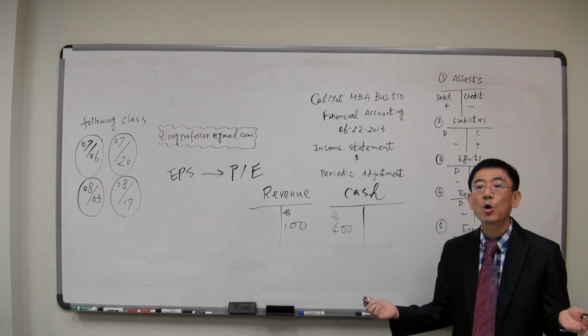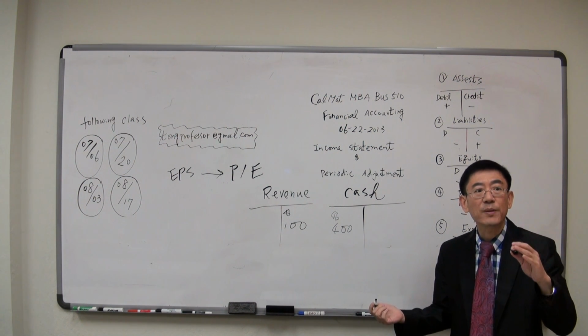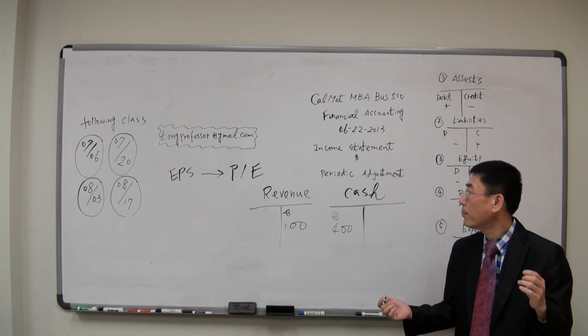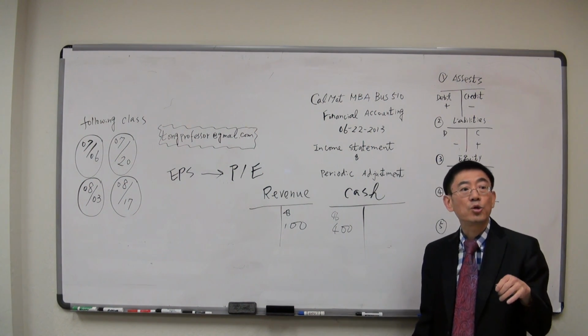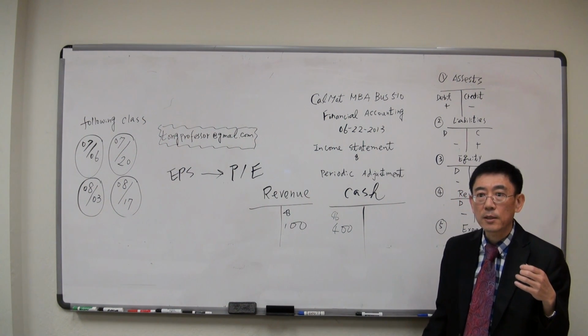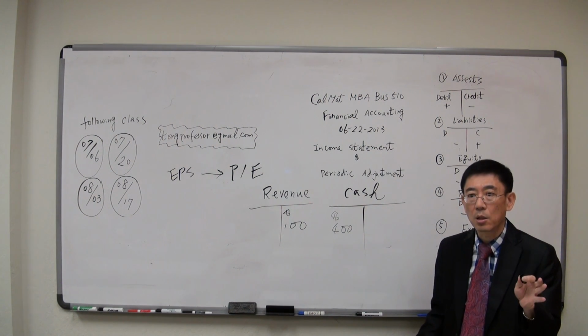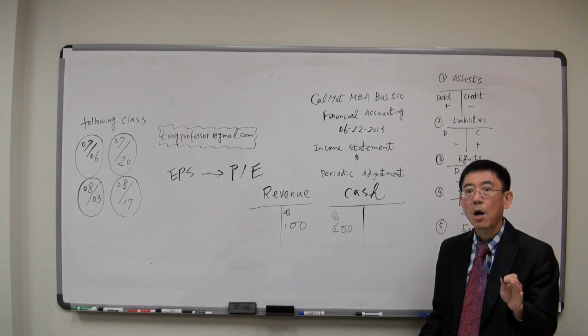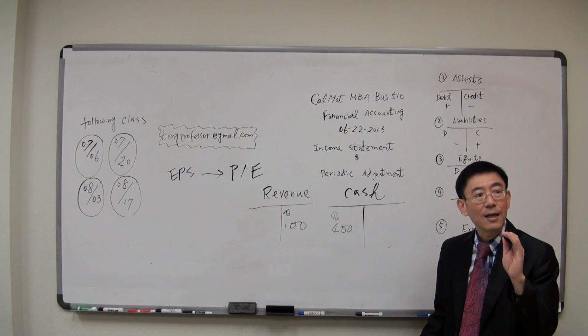How should we do that for those 300? We know 300 must be on the credit side, right? Because this is only one, we need to pick another account which shows 300 on the credit side. The name of the account is called unearned revenue. Unearned revenue is a liability.